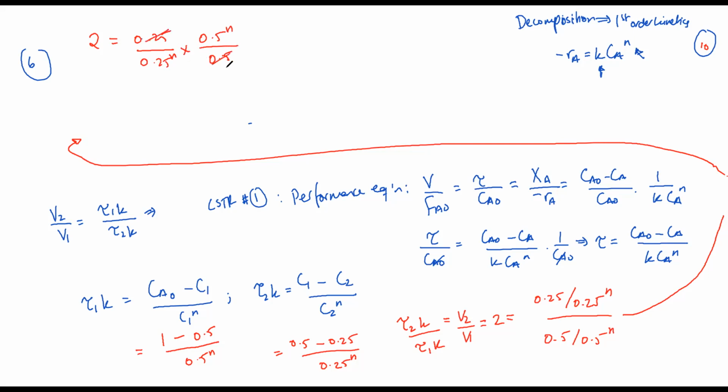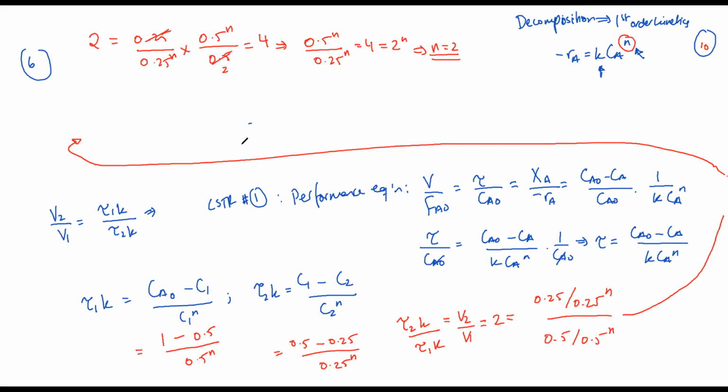This goes with this, I get a 2. I'm going to move the 2 to the other side, so this is equal to 4. So I get 0.5 to the n over 0.25 to the n is equal to 4, and this is equal to 2 to the n, so basically n is 2, right?